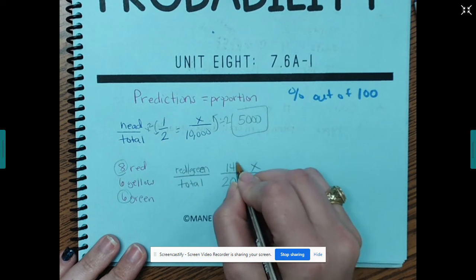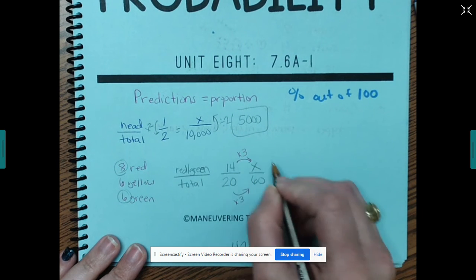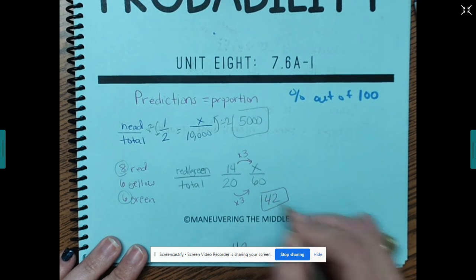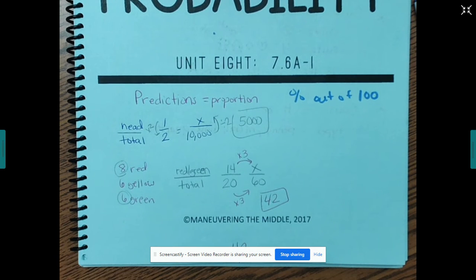Times 3, times 3, and this is going to be 42. So again, remember, total goes on the bottom. Make sure you have all the numbers that you need, and then try to simplify, try to look for a shortcut. Let's do another one.